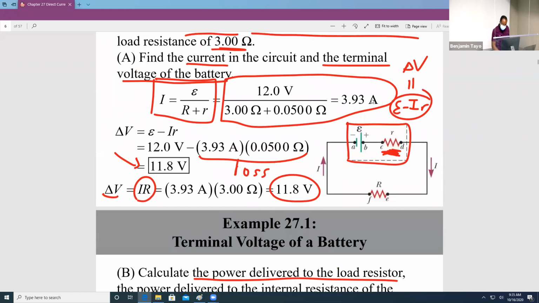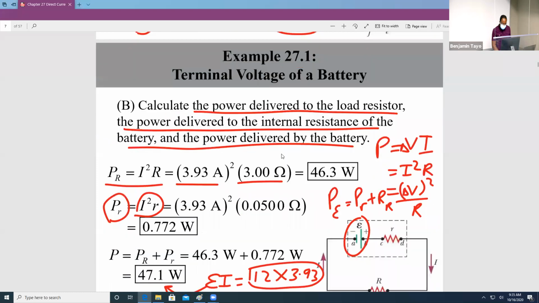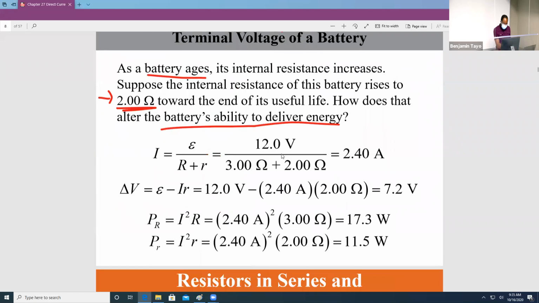This battery was supplying a current of 3.93 when the internal resistance was just 0.05. Now, notice what is happening here. At an internal resistance of 2.0, the battery can only supply a current of 2.4 amps. And if it can supply a current of 2.4, then the terminal voltage has reduced a lot.